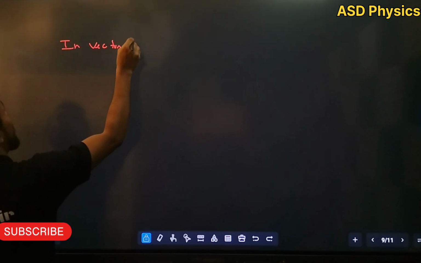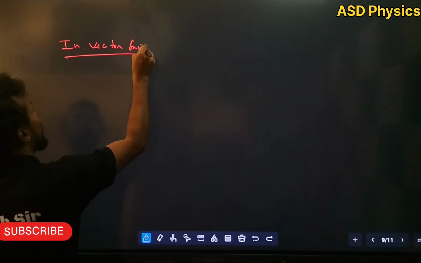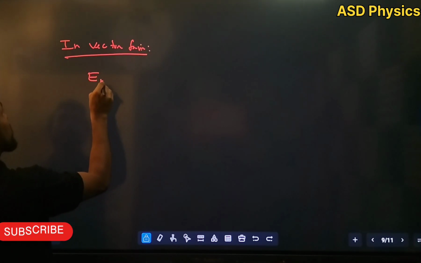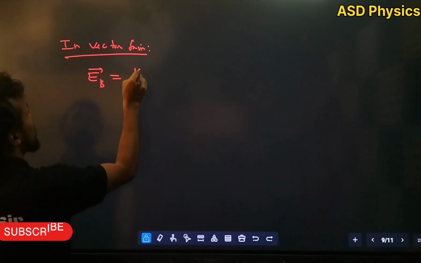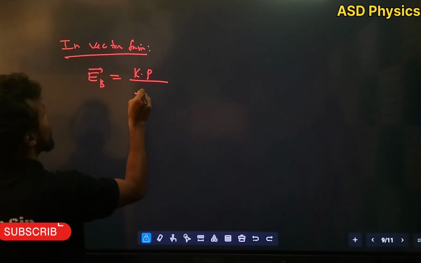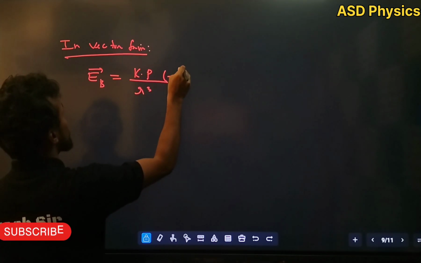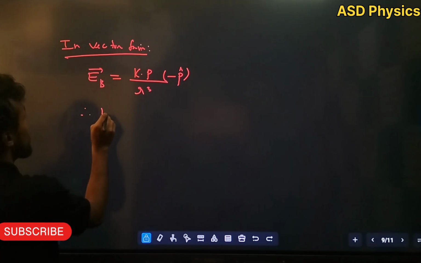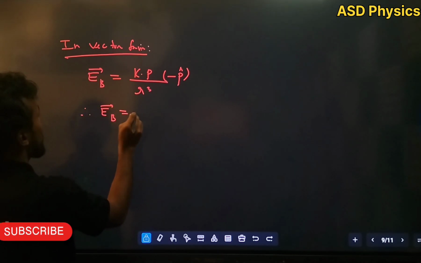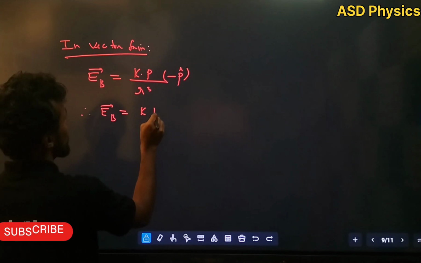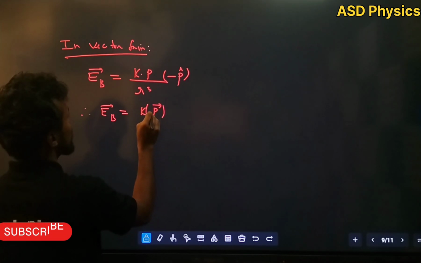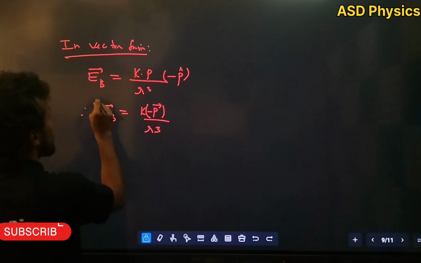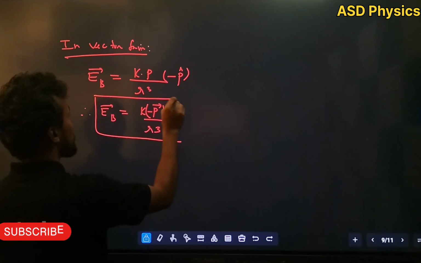in vector form, electric field at point B will be K into P by R cube, and here I have to multiply minus P cap, because it is in the opposite direction. That means in a vector form, electric field will be K vector P, and here itself you can put minus, by R cube. So now can you get very well the angle between electric field and the dipole moment?